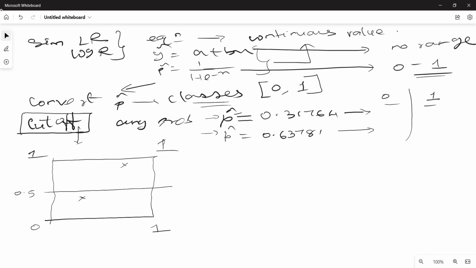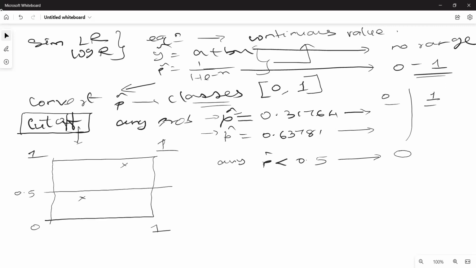So any probability which is less than 0.5, I can classify as 0.